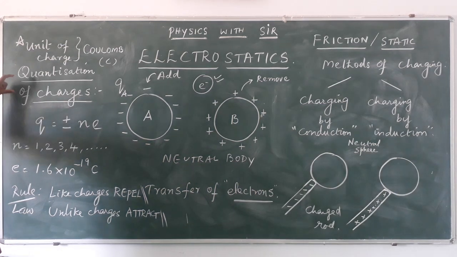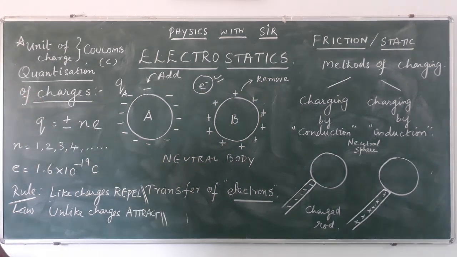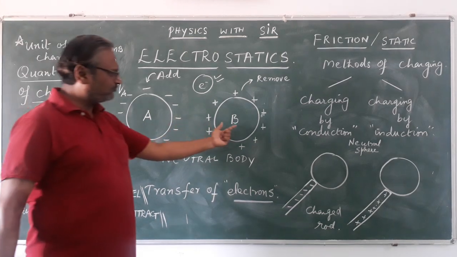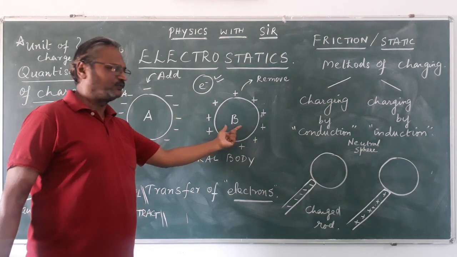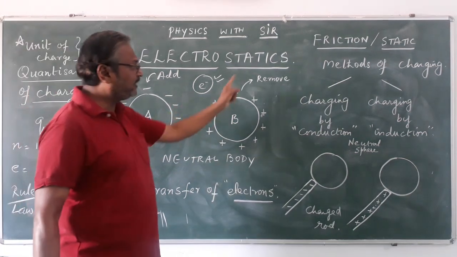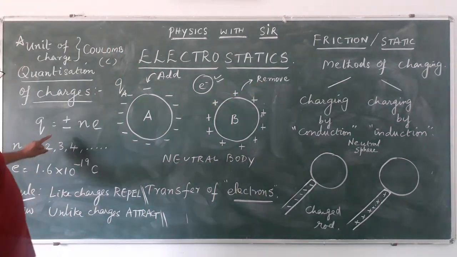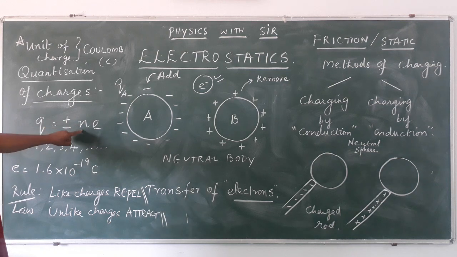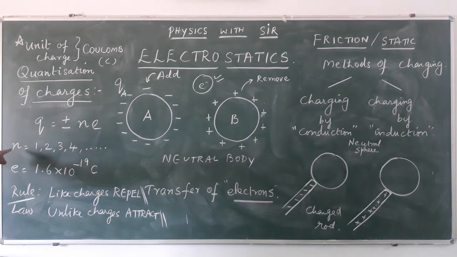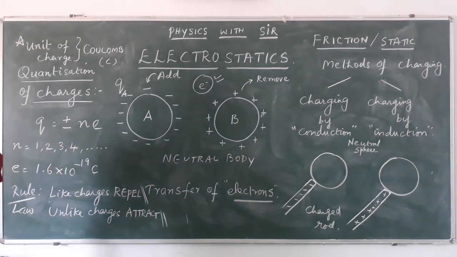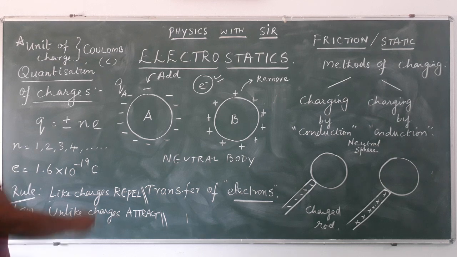Using the same quantization of charges, for the charged body B, which is positive, I have removed electrons. So Q is plus or minus ne, where n is an integer: 1, 2, 3, 4, 5 and so on.